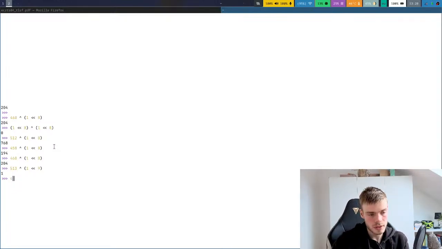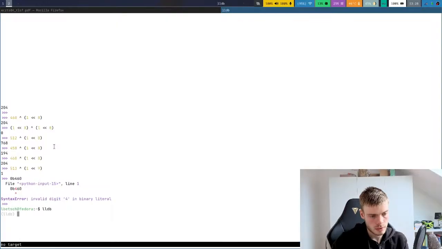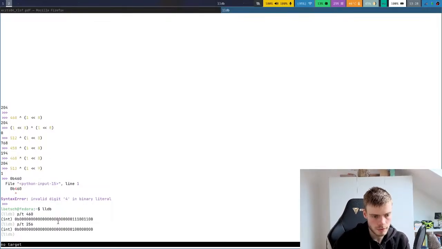Let's look at 460. This is 256. So we see this bit is set in both of these. Now an XOR will just unset this bit, right? So that's a subtraction. That's why it's a subtraction.